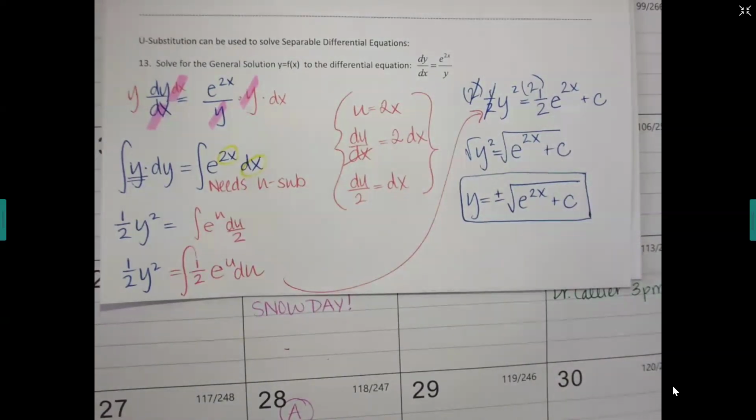All right, maybe we'll do 2 more of those, then we'll call it quits. Try number 14. You're going to separate first, integrate on both sides, and then think about which side needs u sub.